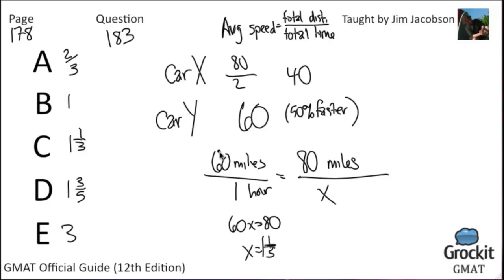You could have also asked, what do I need to multiply 60 by to get 80? 1/3 of 60 is 20, so we would need to add 20 on, so it's 1 1/3. 80 is 1 1/3 of 60. Gives us answer choice C.